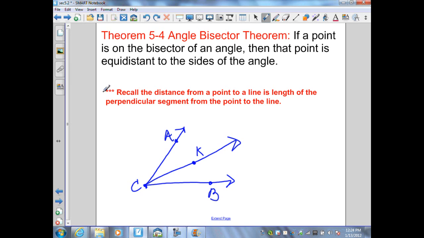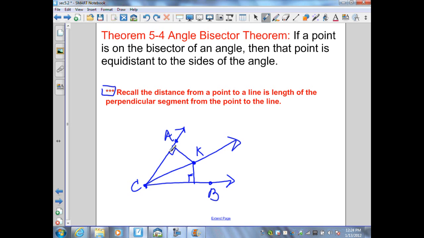But we have to keep in mind that the distance from a point to a line is the length of a perpendicular segment from the point to the line. Therefore, I have to determine a segment that is a right angle to each side of the angle.